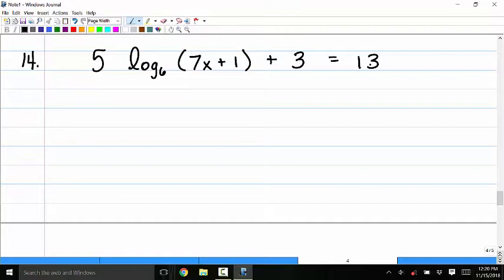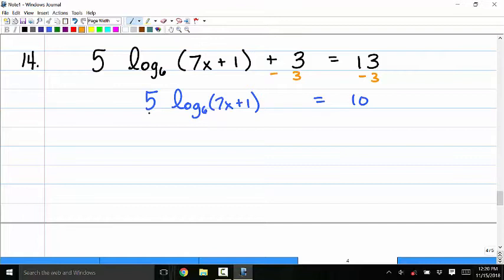Is it isolated? No. You ultimately want that by itself. What would you do first, though? Subtract 3, then divide by 5. Good. So subtract 3, and you have 5 log base 6 of 7x plus 1 equal to 10.